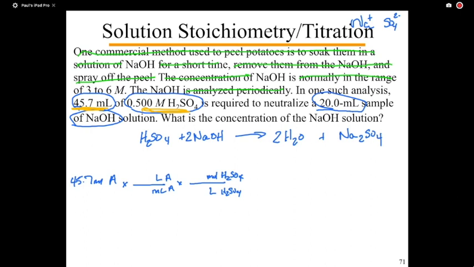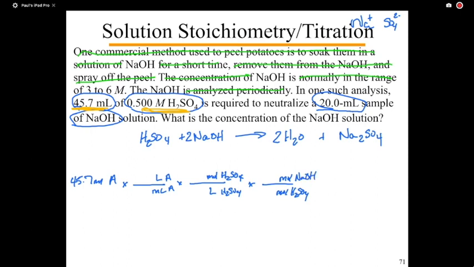Right? Okay. And then I don't want to know how much acid I used. I really want to know how much base I used. All right. And in this, for every mole of the acid, I'm going to get so many moles of the base.